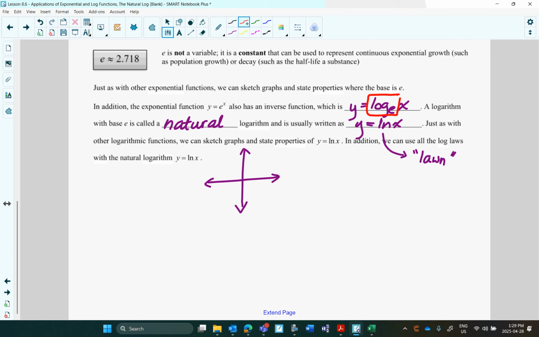How it curves? Do you remember where the asymptote is? Okay, I'm seeing some drawing. Really? We don't remember how to graph a log? You're going to have to.